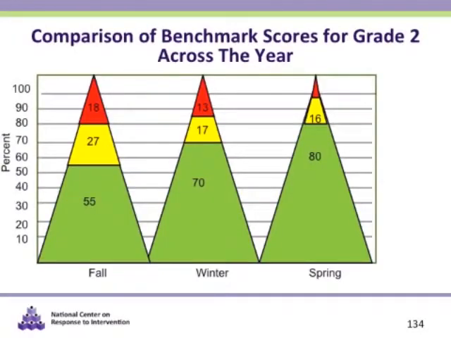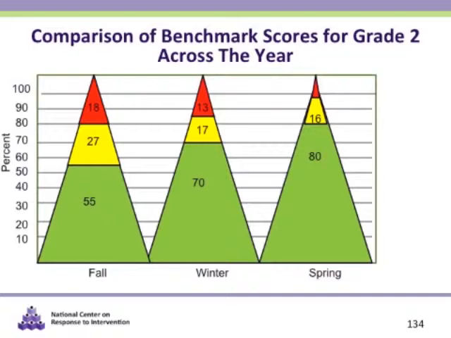Districts can also look at school or district-wide performance by grade level over the year. So this chart shows changes in the percentage of students meeting the established criterion scores for each benchmark. This chart indicates that although 55% met the criterion for established, that's the green section, over the fall, at the beginning of the year, 80% met it by the end of the year.